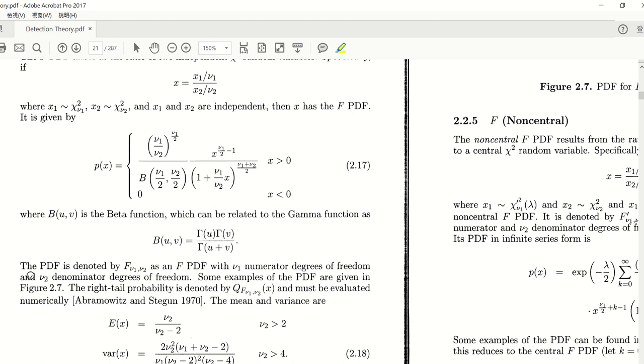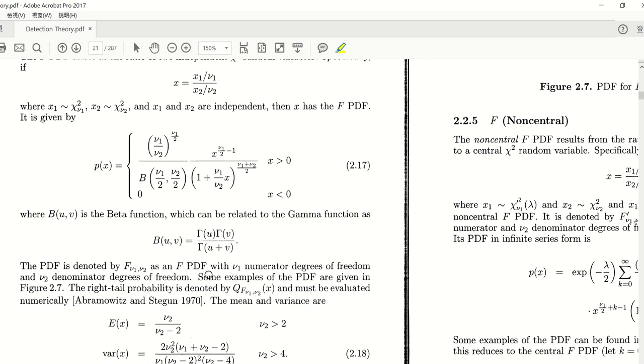Okay, so we will denote the PDF as F v1, v2, because it is parameterized by the two parameters, as an F PDF with v1 numerator degrees of freedom and v2 denominator degrees of freedom.